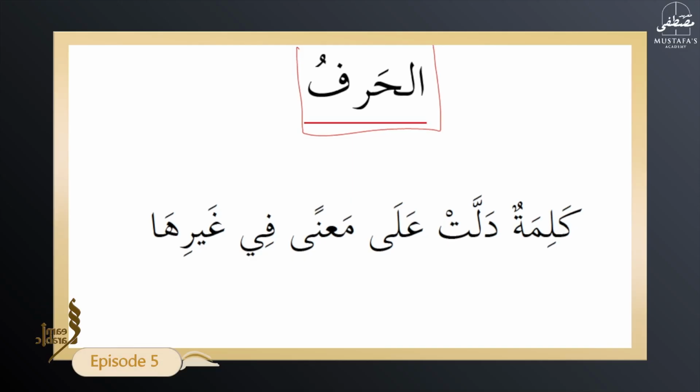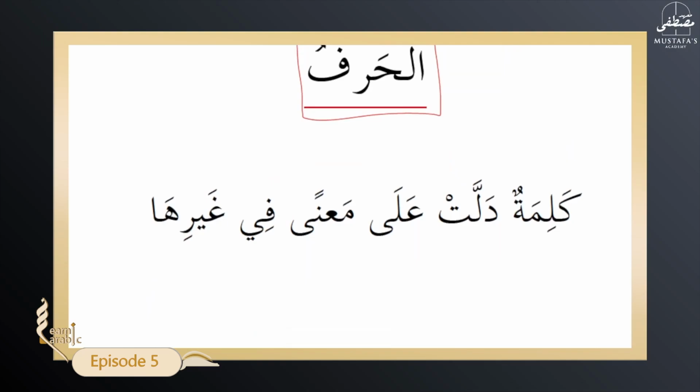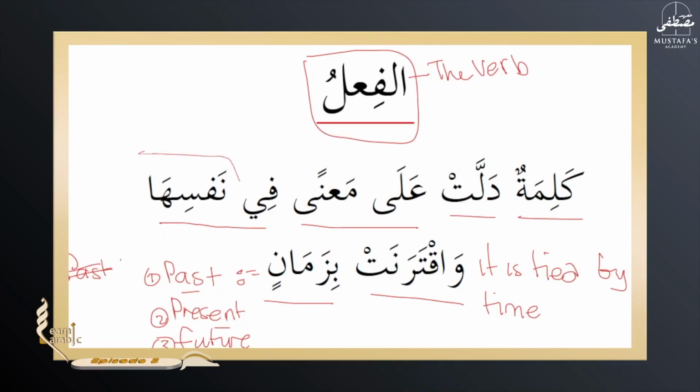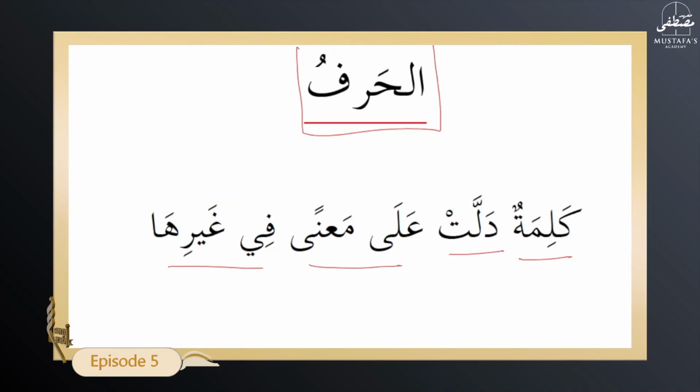The preposition is kalimatun dallat ala ma'nan fi ghayriha. Notice the difference. Before we said fi nafsiha, which means in itself, but this one means fi ghayriha, in a different word, not the preposition itself.